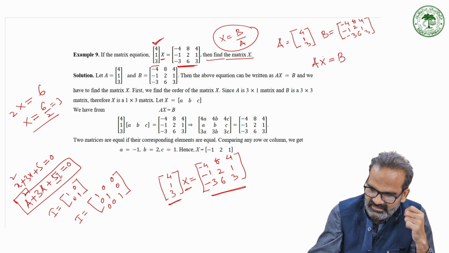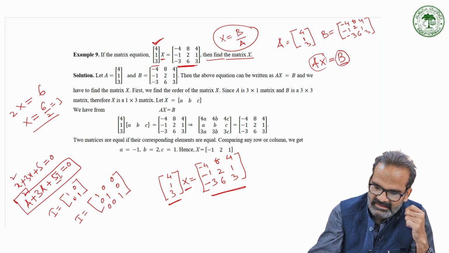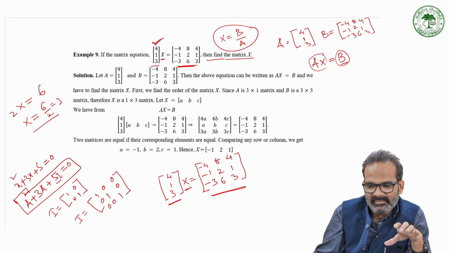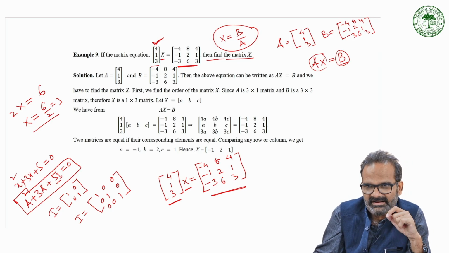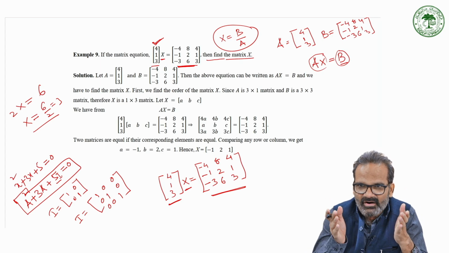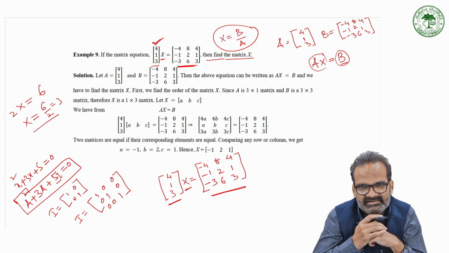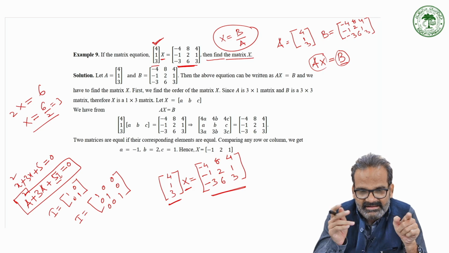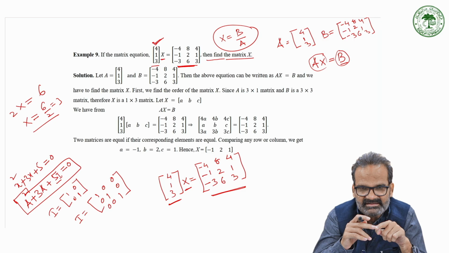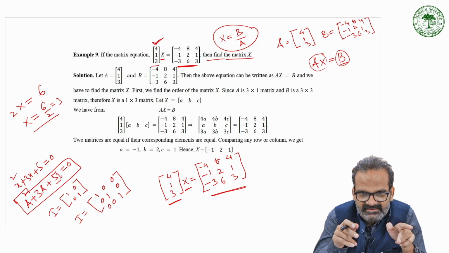This is your left hand side and this is your right hand side. The right hand side is known. In the left hand side, we know the matrix A, but we don't know the matrix X. Anyhow, if we determine the order of matrix A, meaning what should be the order of the matrix X so that A and X can be multiplied, then we multiply A with X, we will get a matrix.